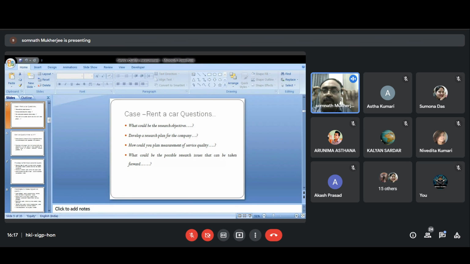We are trying to add. I said it's a huge area. Research is a huge area. It's an ocean. I just picked up one thing. I introduced you to the case, and I picked up one thing: the company trying to make an assessment of the quality of the service that it is providing. How will the company do that?